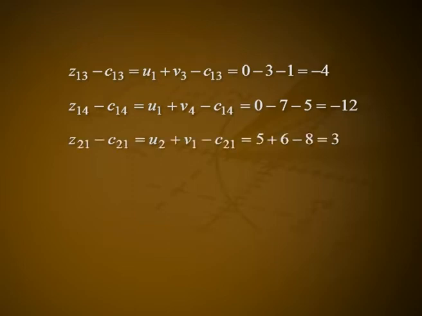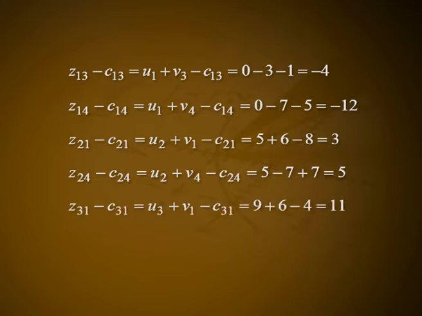Z21 minus C21 equal to U2 plus V1 minus C21, that is 5 plus 6 minus 8, that is 3. Z24 minus C24 equal to U2 plus V4 minus C24, that is 5 minus 7 plus 7, that is 5. Z31 minus C31 equal to U3 plus V1 minus C31, that is equal to 9 plus 6 minus 4, that is 11. Z32 minus C32 equal to U3 plus V2 minus C32, that is 9 plus 4 minus 3, that is equal to 10.